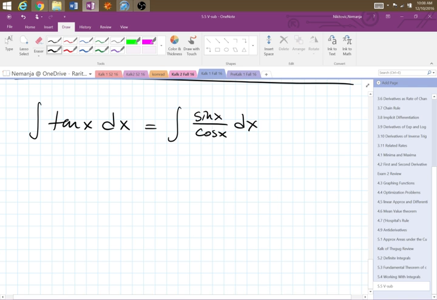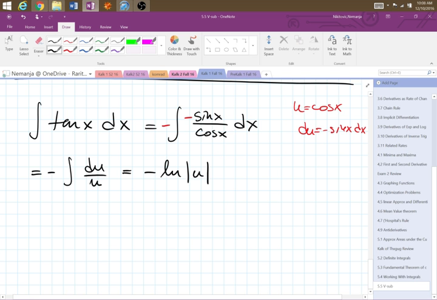No bueno. Therefore, u equals cosine x, du equals negative sine x dx. Have to fix the negative issue there. And I get negative du over u, which is negative ln of absolute value, has to be there, of u, plus c.